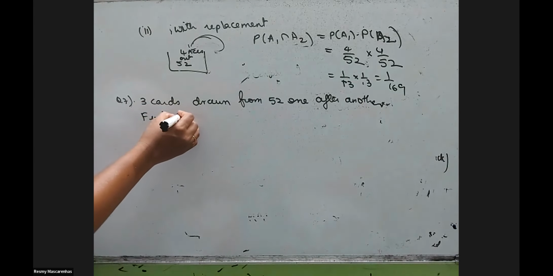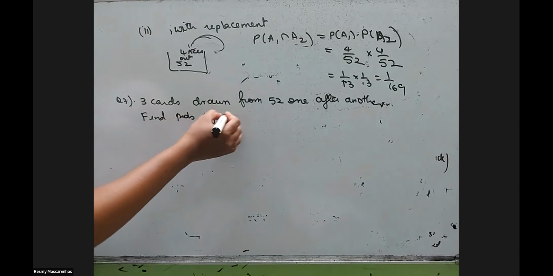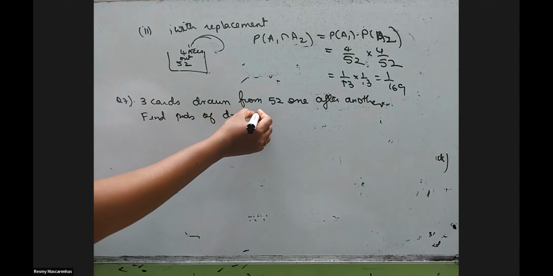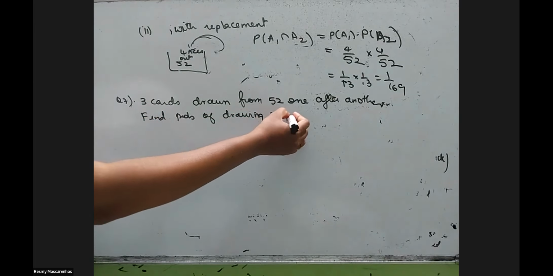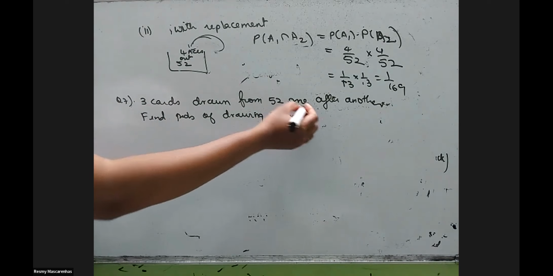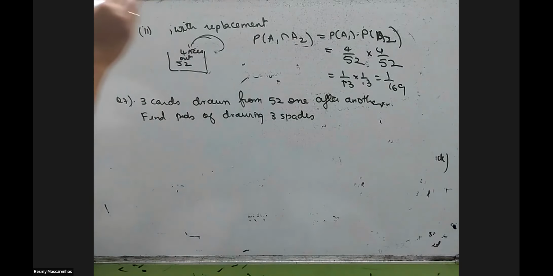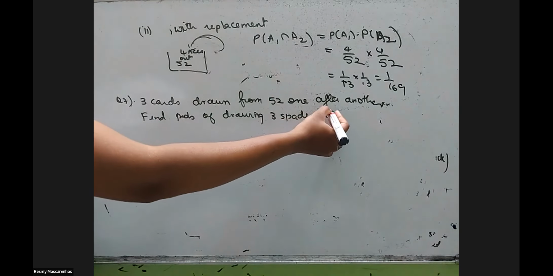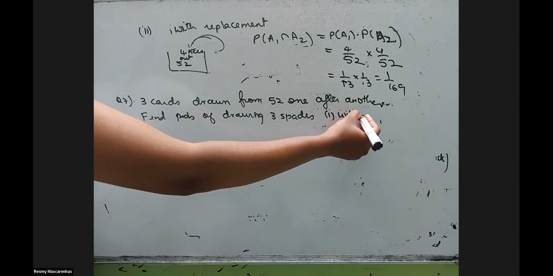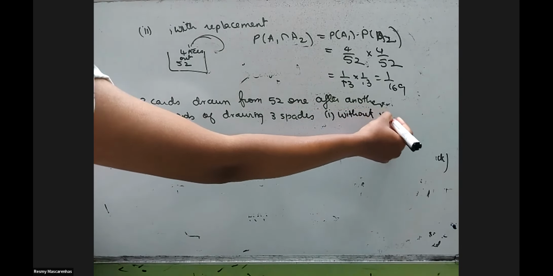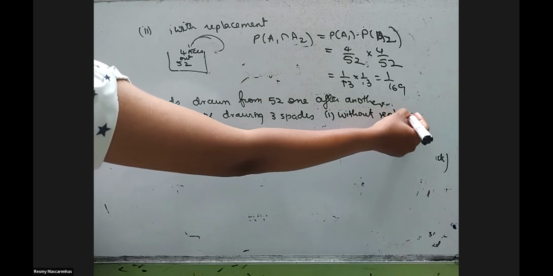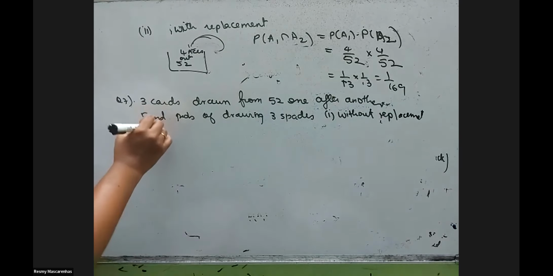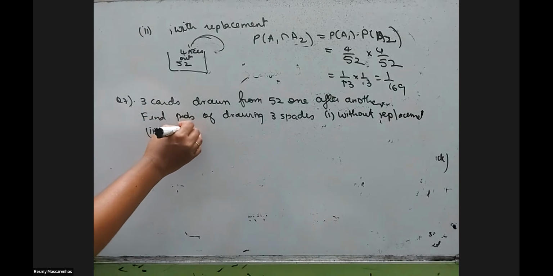Find the probability of drawing 3 spades. First one is without replacement, and second one is with replacement.